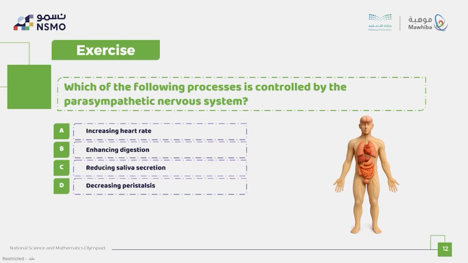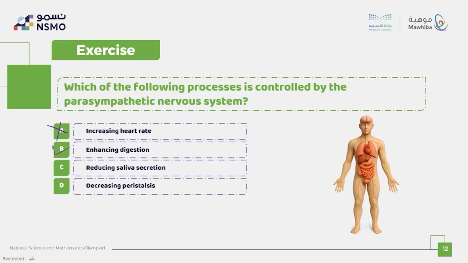So let's analyze the options. A says increasing heart rate. As we said, that is incorrect, because increasing heart rate is controlled by the sympathetic system, not the parasympathetic system. The opposite. What about enhancing digestion? That one is correct, because the parasympathetic system activates digestion and improves digestive processes.